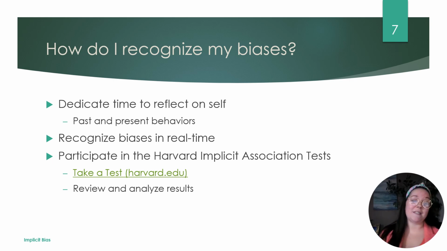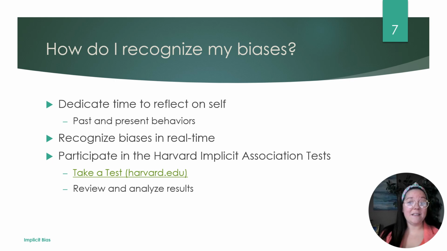Another step that we can take is to participate in the Harvard Implicit Association Test. They offer a number of tests to measure different biases that you may hold and provide you with results at the end so that you can analyze and really start to, again, reflect on why maybe you hold those biases.